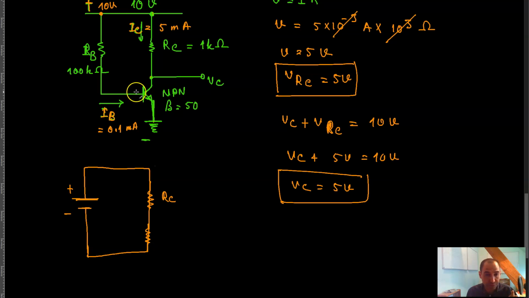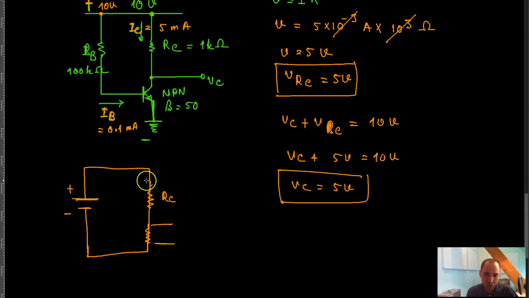By playing with these three parameters, you have the possibility to change the voltage drop across this resistor here, right? And the less voltage drop that you have across this resistor, the more voltage drop you will have across this resistor, and as a result, you will have more voltage here, right?